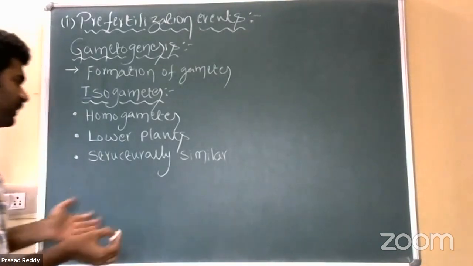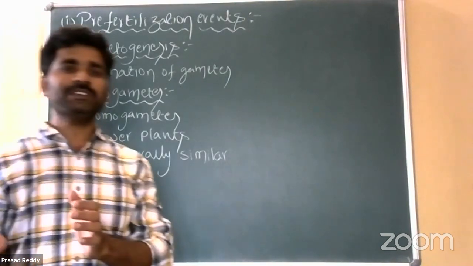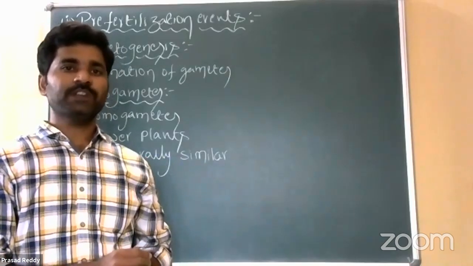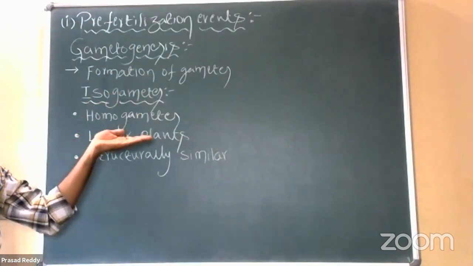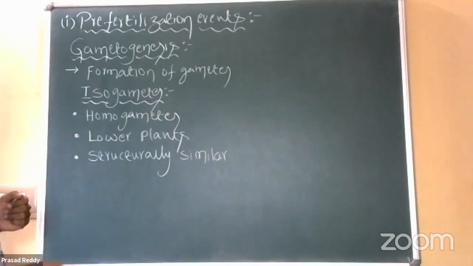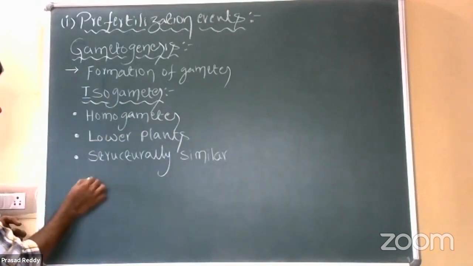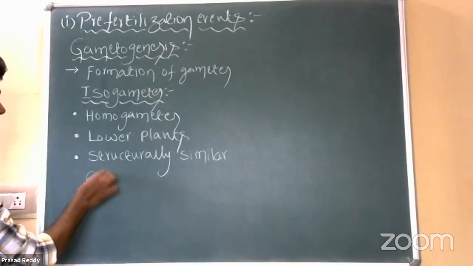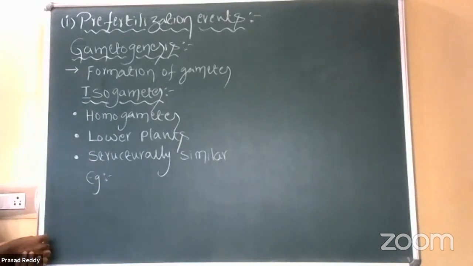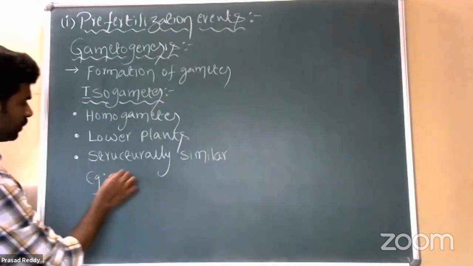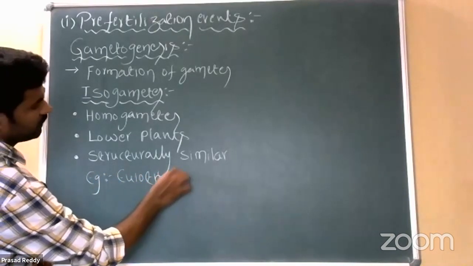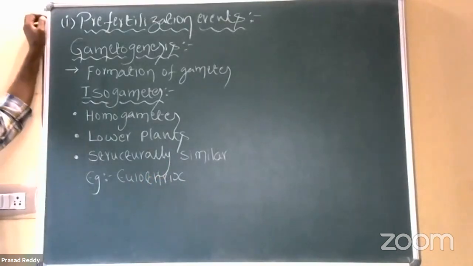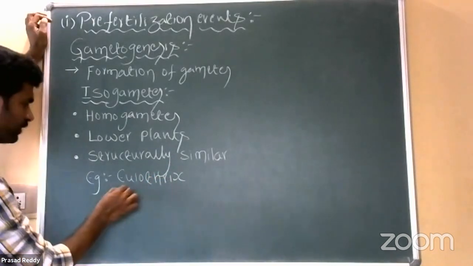We can't differentiate which is the male gamete and which is the female gamete. That type of gametes are called isogametes or homogametes. The best examples for isogametes are Ulothrix, Spirogyra, and some Chlamydomonas members.